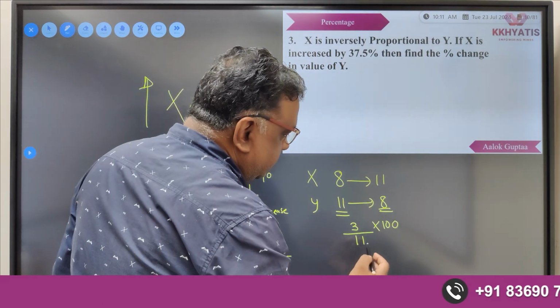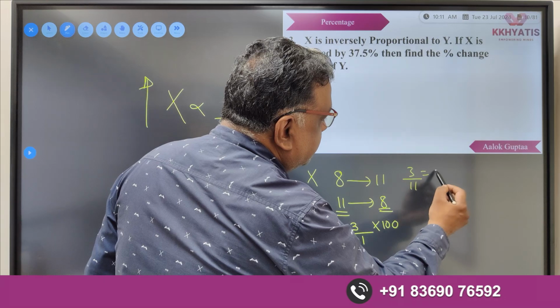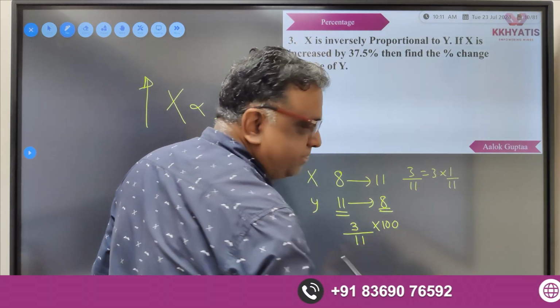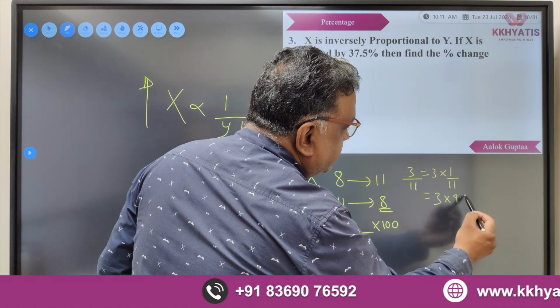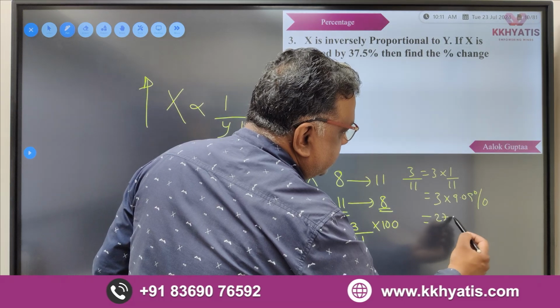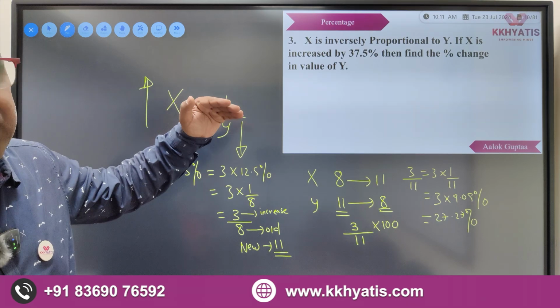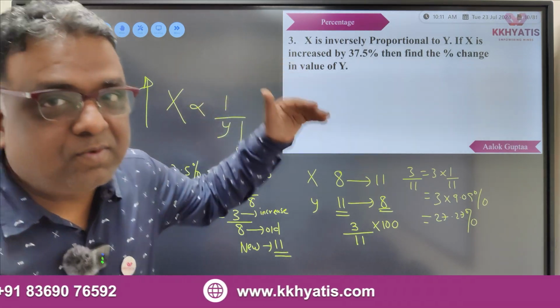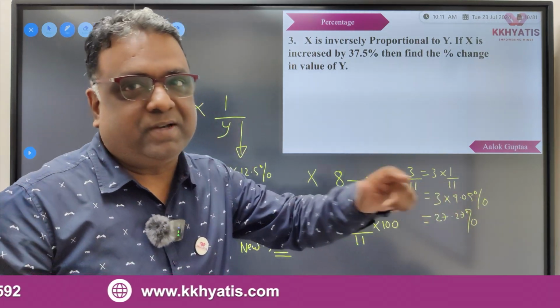So I can write 3 by 11 as 3 into 1 by 11, which means 1 by 11 I know is 9.09%. We have seen that. So this will become 27.27%. So when x increases by 37.5%, y is inversely proportional to x, so y will reduce by 27.27%.